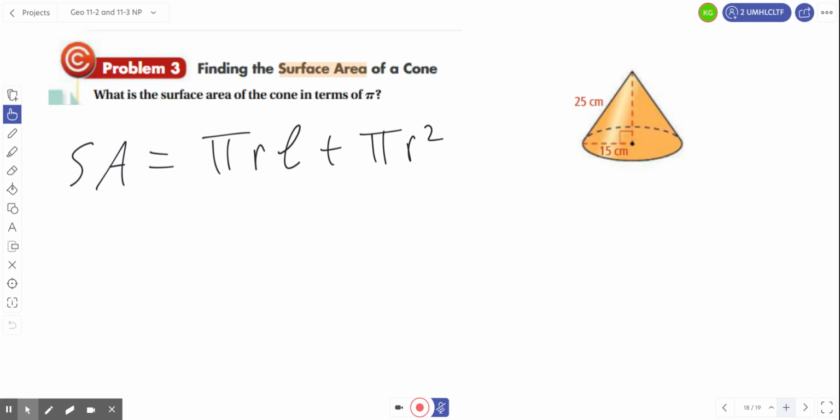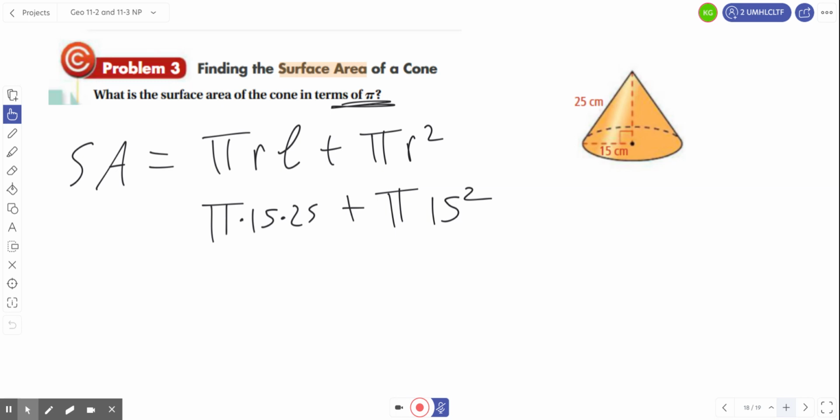So the lateral area plus the base. And in this case, r is 15, so we get pi. Oh, and we get to answer in terms of pi. How nice. Pi times 15 times L, which is 25, plus pi times 15 squared.